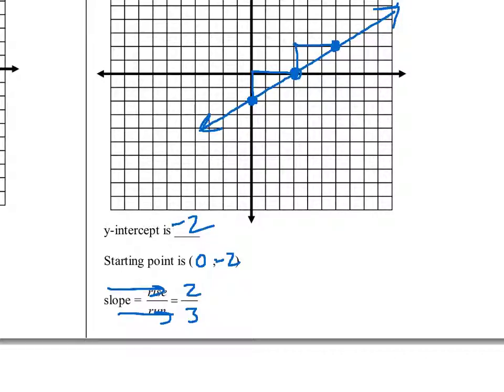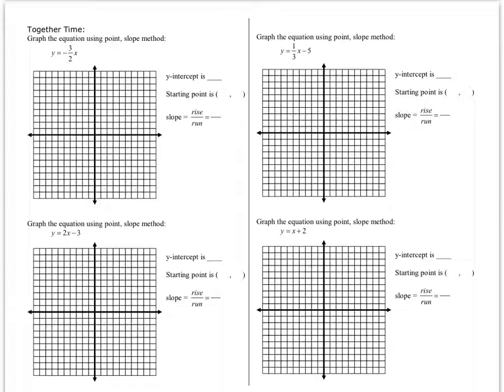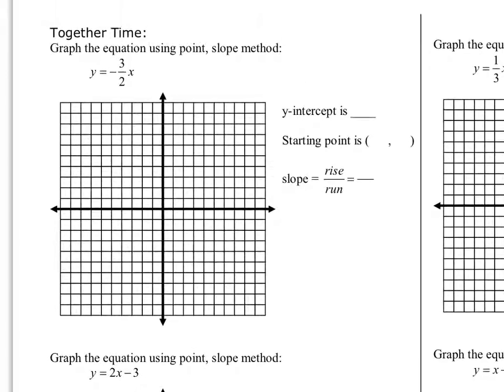All right, so let's look over at the together time. I'm looking at the first equation on our together time, and there's something a little bit odd here. What's a little bit odd here? Yeah, there's no y-intercept there. Is there something I can add to this equation without changing it? A 1 changes it.